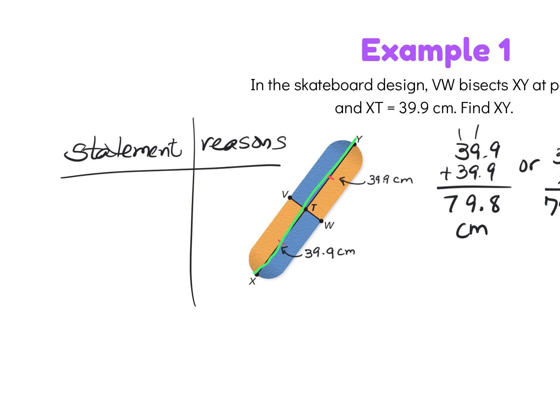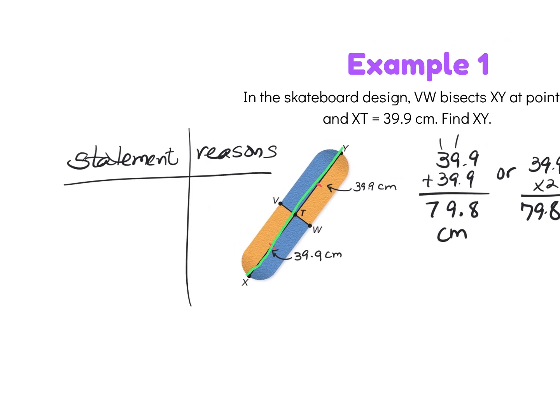Now, when you're given a proof, you're going to be given some type of information. So in this problem, I could say that the given here was that point T is the midpoint of XY.